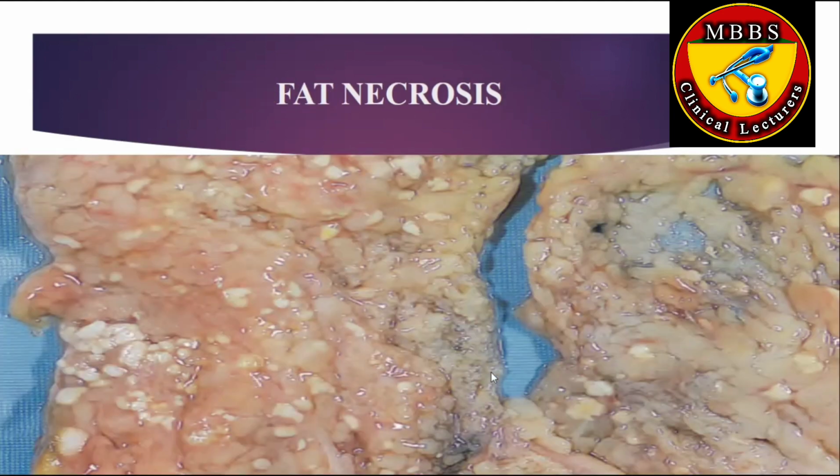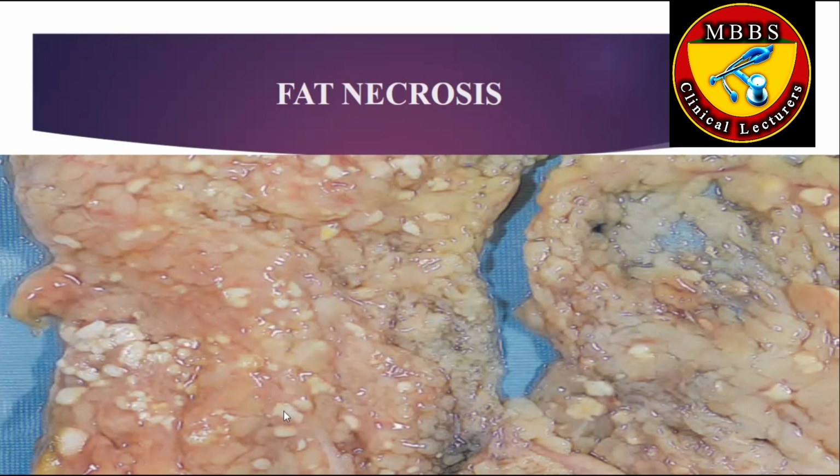Another one is fat necrosis. Fat necrosis is a focal area of fat destruction, typically resulting from the release of activated pancreatic lipases into the substance of the pancreas as well as the peritoneal cavity, and it occurs in acute pancreatitis.